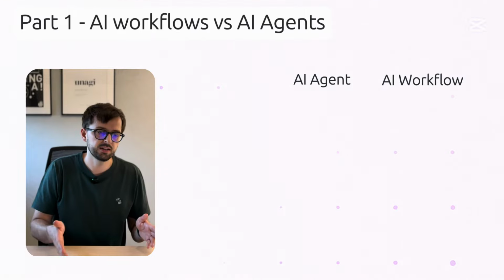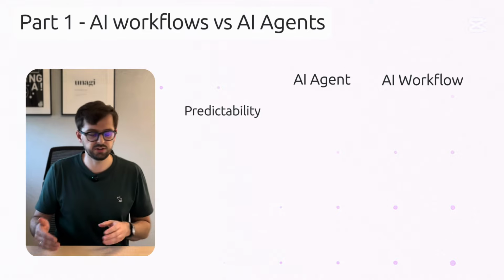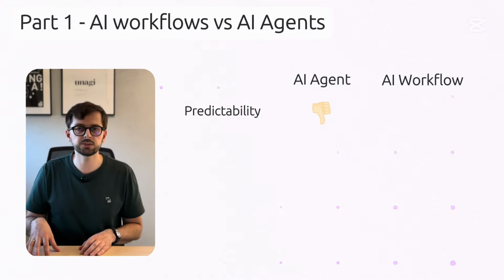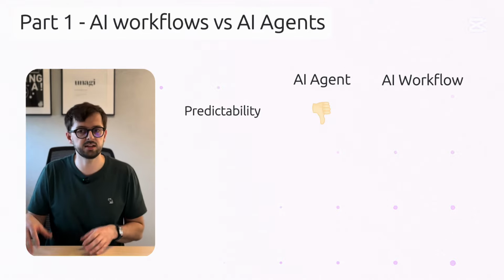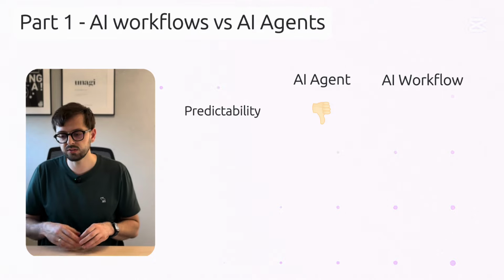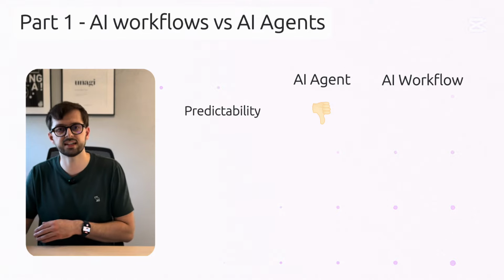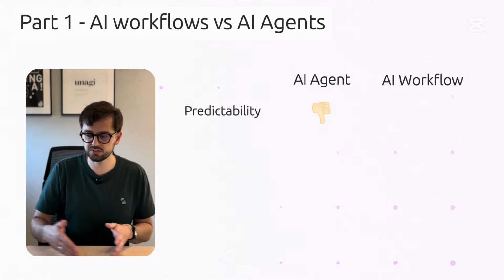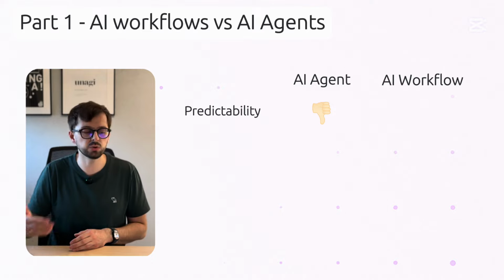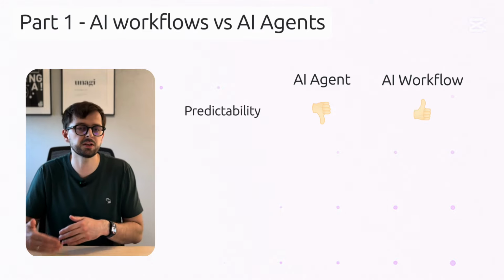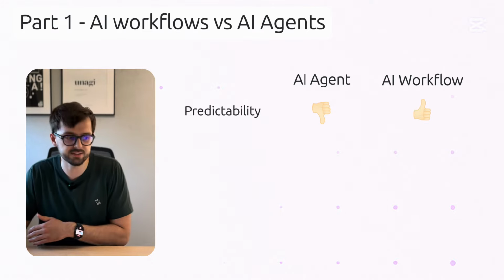Let's compare. Predictability for AI agents is really low, because these systems are basically black boxes, and we don't have any idea how they will behave or solve any given task. With AI workflows, on the other hand, we really do know how the systems will behave, because of those predefined paths.